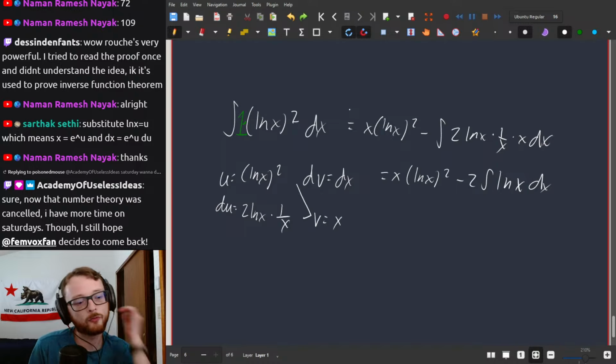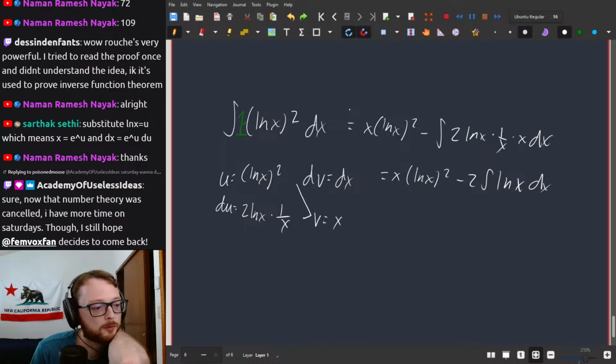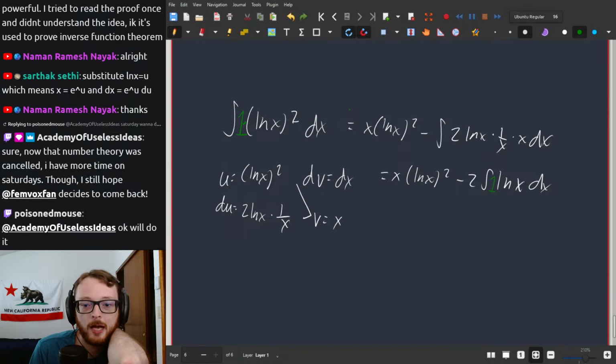So we can use the same trick again, remembering that there's an invisible 1 here. I just know what this integral is, but I'll show you how you do it. It's going to be x ln x minus x.